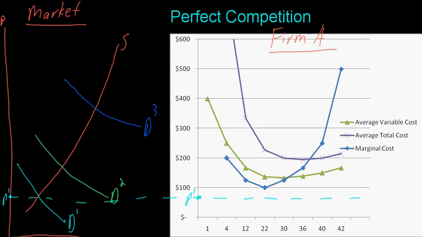I'm going to do the same thing for all 3 of these cases, and then we'll go from there. If demand were D2, then price would be right here, and I want this to line up with just below 200.